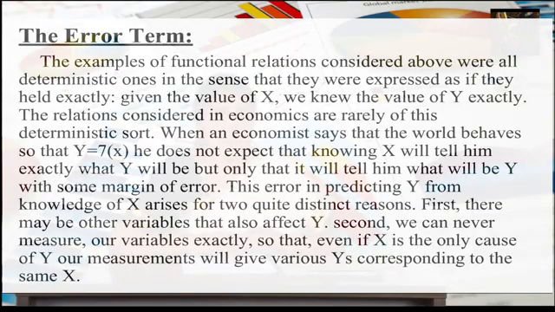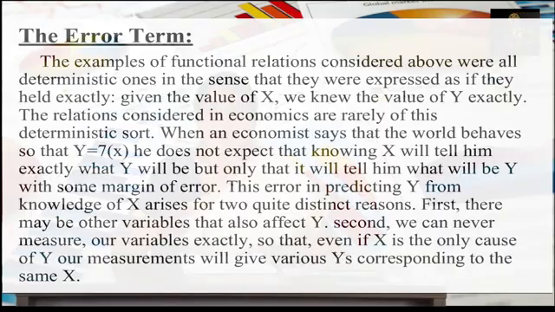The examples of functional relations considered were all deterministic ones, in the sense that they were expressed as if they held exactly given the value of x. We knew the value of y exactly. The relations considered in economics are rarely of this deterministic sort.